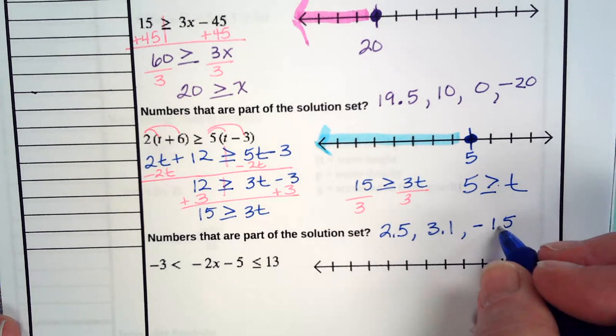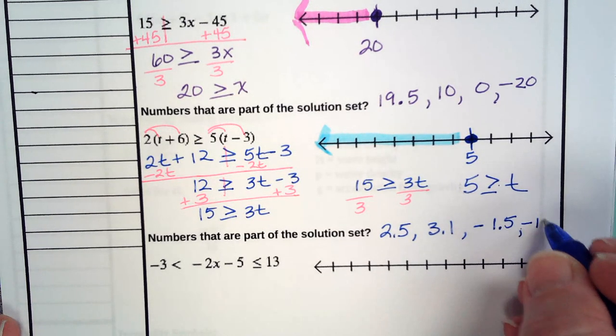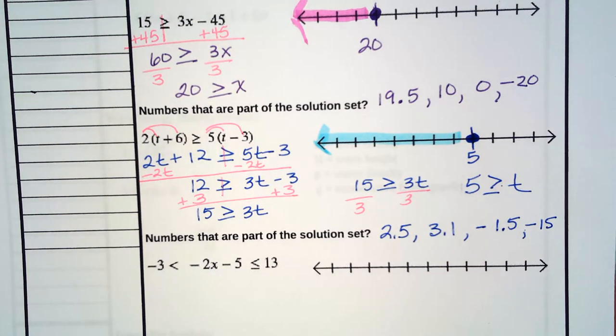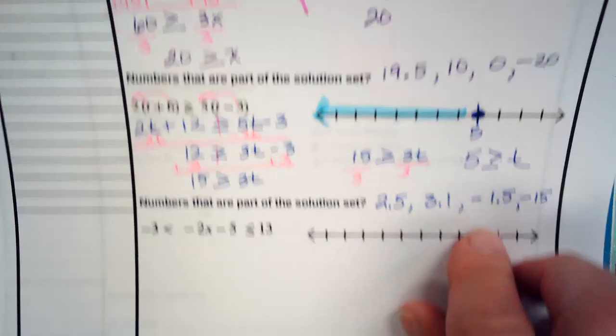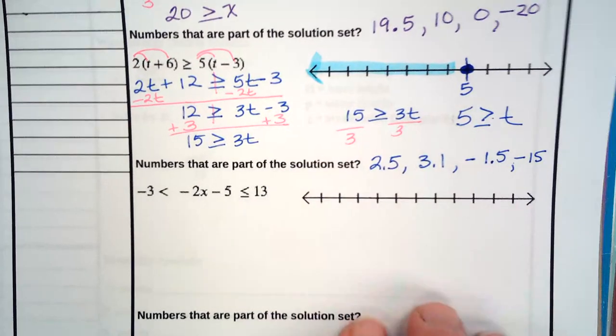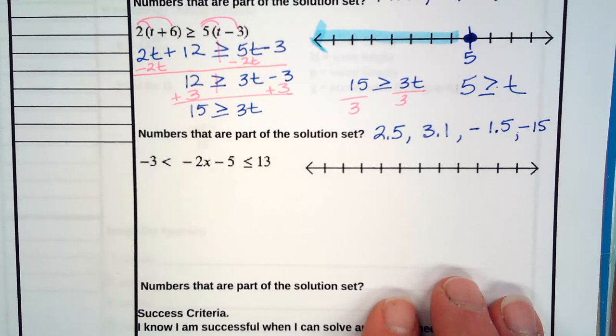Again, less than 5. Negative 15. Again, less than 5. You can use any numbers that you want, because there's an infinite number. Numbers that are part of the solution set will be in the shaded area. What about the next one?